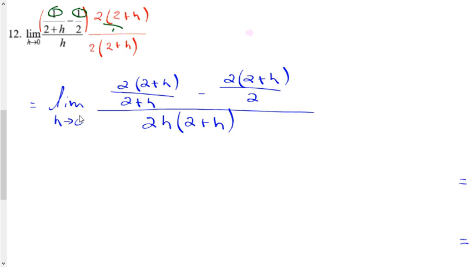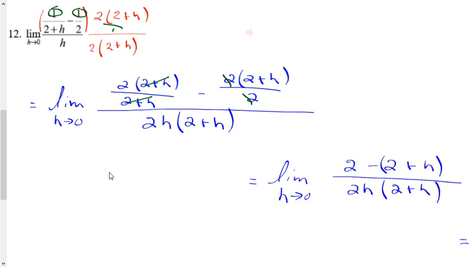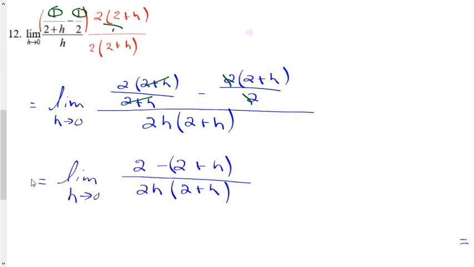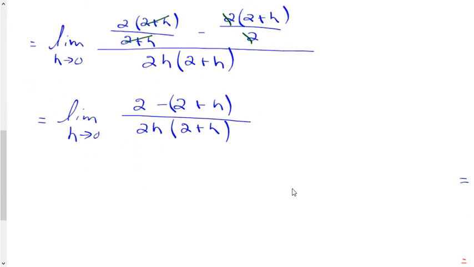Then we can see, the 2 plus h here will cancel out, the 2 there will cancel out, and we've cleaned up our numerator so that we don't have a fraction in the numerator anymore. And we can see that I'm going to have a 2 minus a 2.